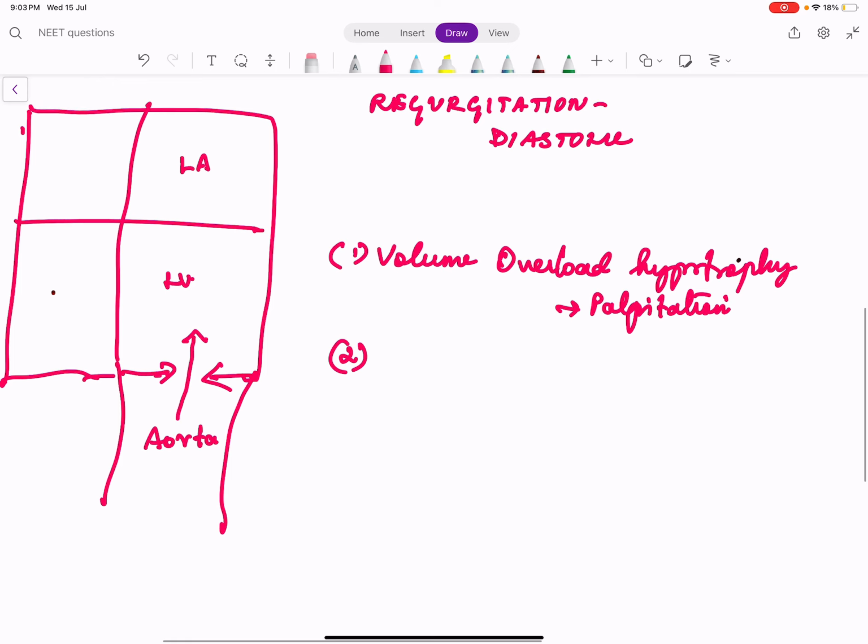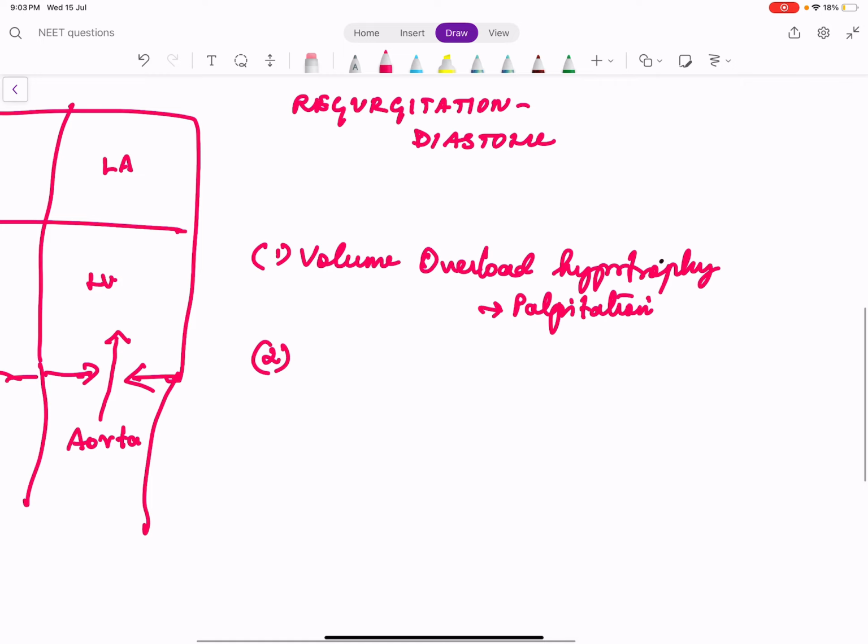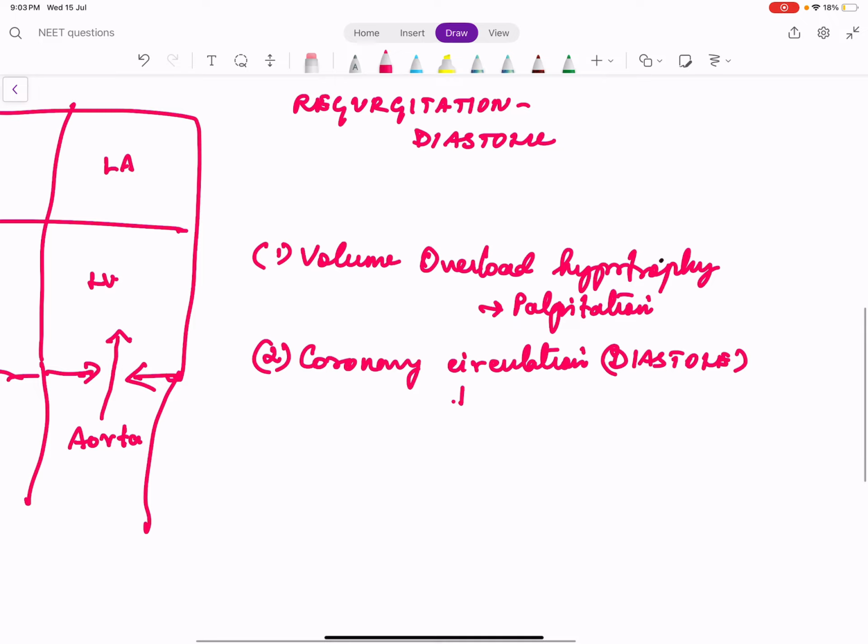Now, when blood from the aorta goes into the left ventricle, the aortic pressure decreases very much. We know very well that the heart gets its main supply from the coronary vessels, especially during diastole. So in diastole, since aortic blood regurgitates into the left ventricle, what happens here?